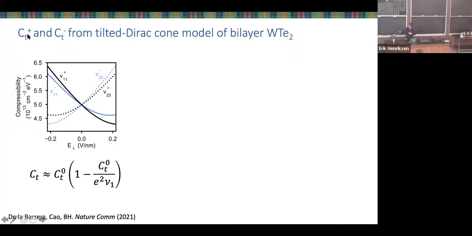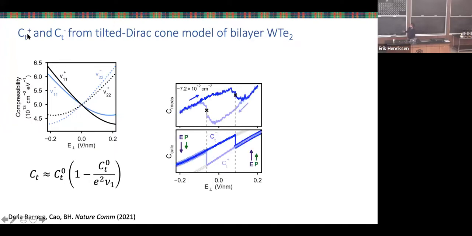For example, we can use that k·p model to predict the compressibilities in each layer, nu11 and nu22, in each of the polarization states. Then we can compute the capacitance from those quantities via equations like this. So that tells us how we can calculate the capacitances from our model.